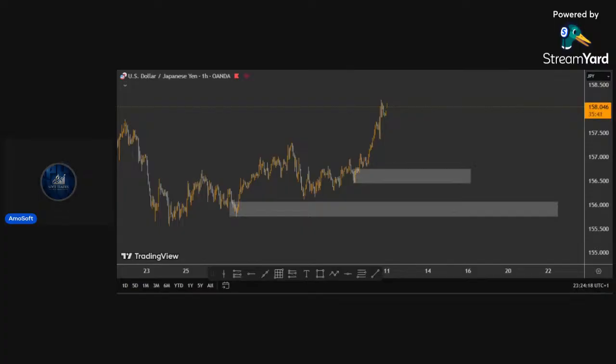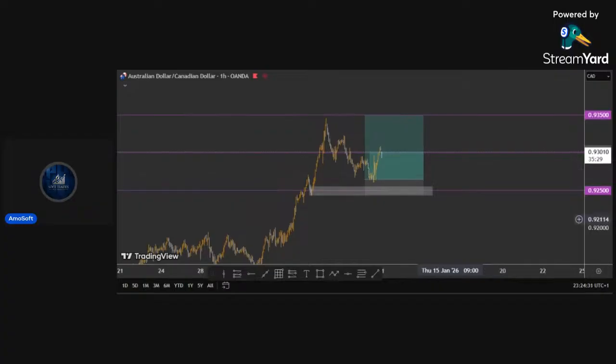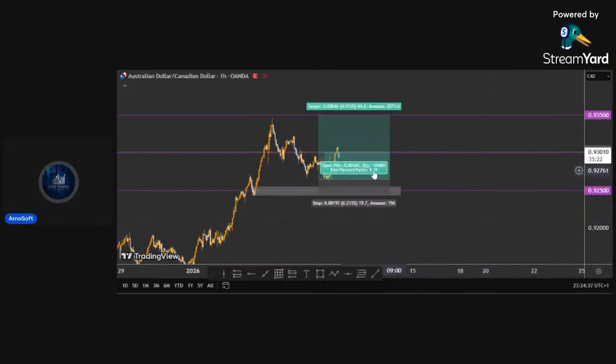Another pair I'm going to be looking at is the Australian dollar. Though on this particular pair, I'm already in a position, but my stop loss is at my entry, because this is Monday.